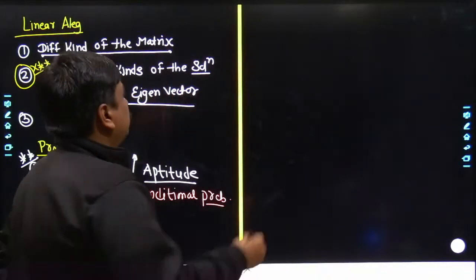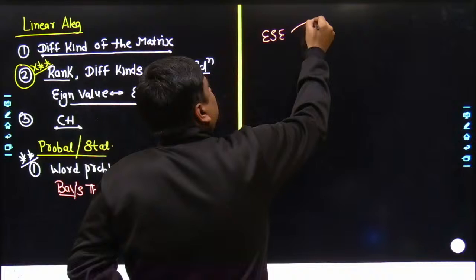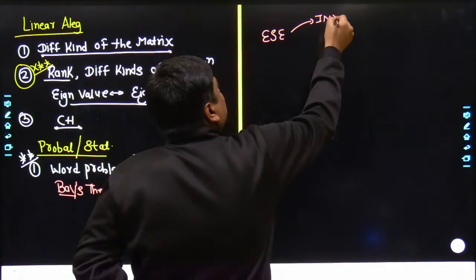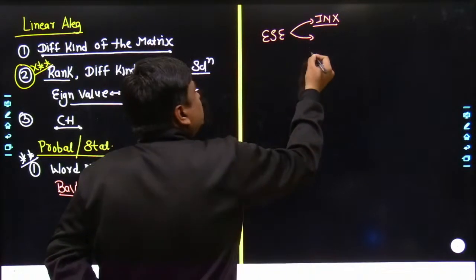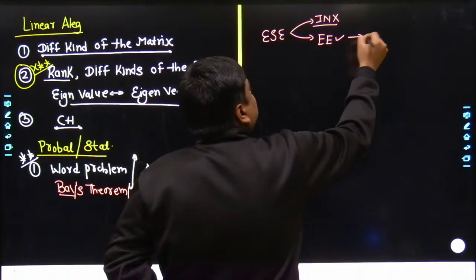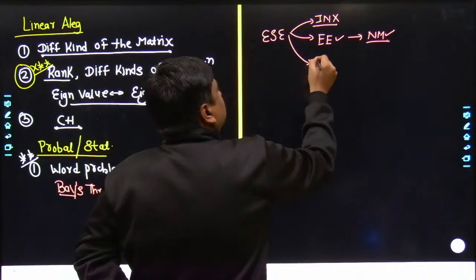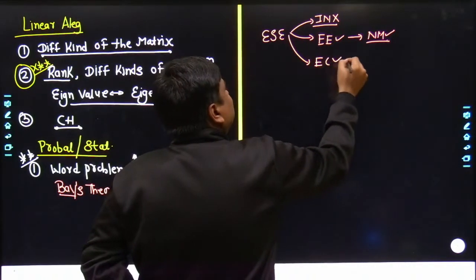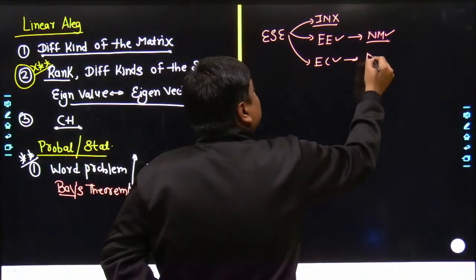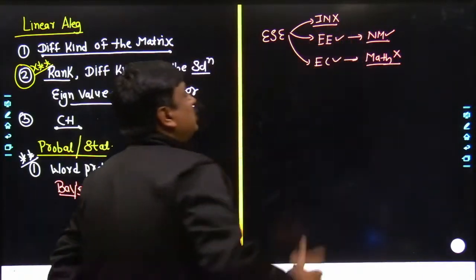So in instrumentation, I cannot appear in the engineering services examination. In electrical, I can appear, and numerical methods are part of your syllabus. And in electronics, obviously you can appear, but mathematics itself is not there in your syllabus, forget about numerical methods.